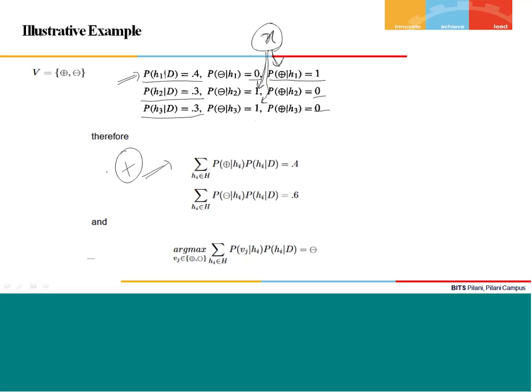That positive classification comes with probability of positive given H1 times the probability of H1 given data, plus the probability of positive given H2 times the probability of H2 given data.